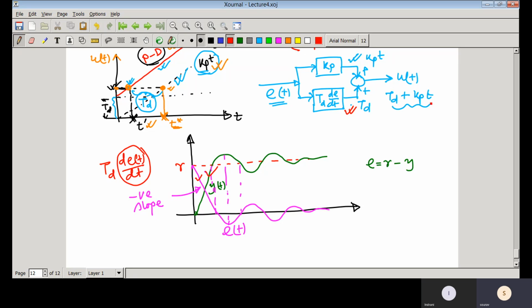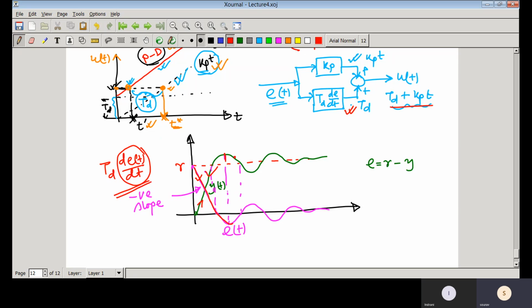It would be Kp t minus Td. So that means it can anticipate: whenever the output is increasing, as the slope of the error is negative, the derivative control action would be negative.